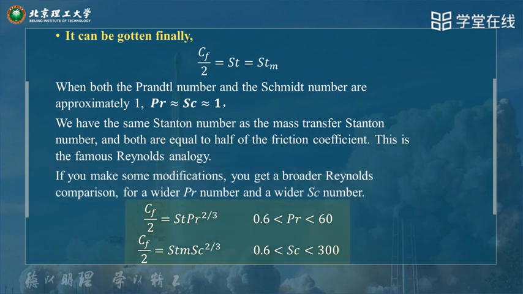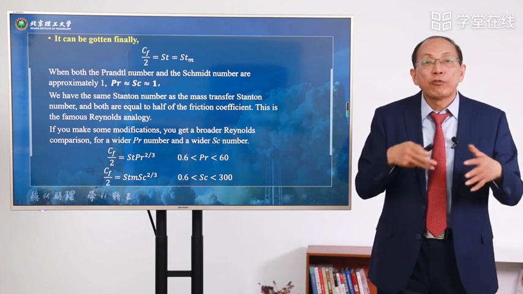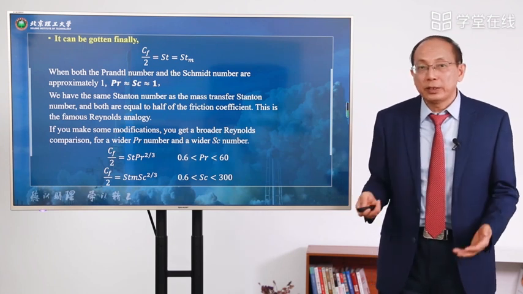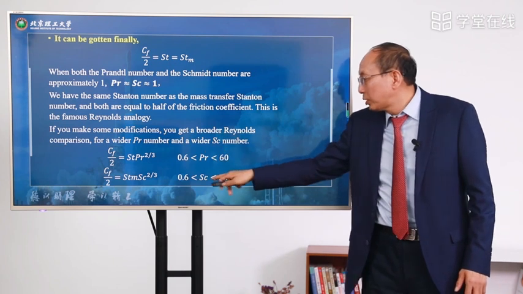So half the friction coefficient, Cf divided by 2, equals the Stanton number times Prandtl power 2/3, and Cf divided by 2 equals the Stanton number m times Schmidt number power 2/3. This equation is very similar; the formation is similar, and the range also is similar.